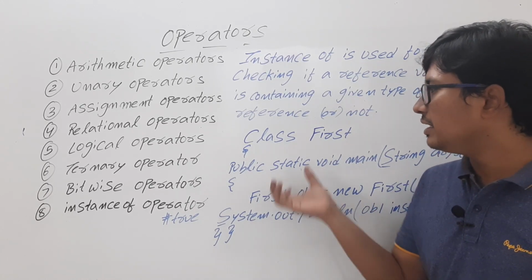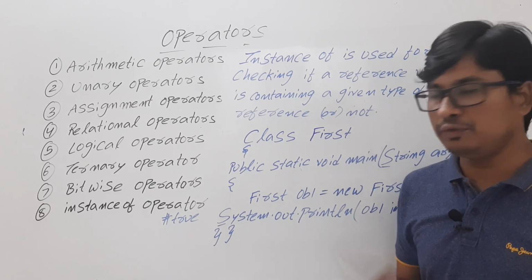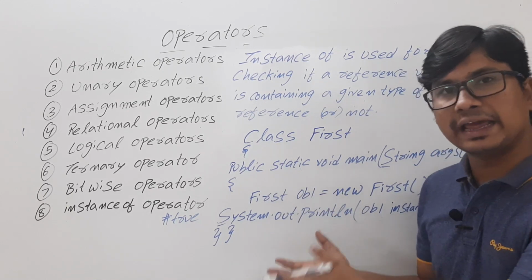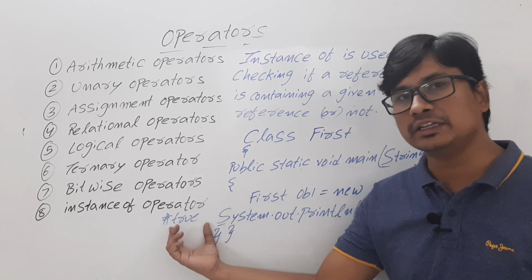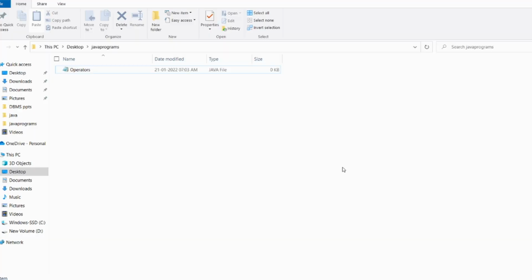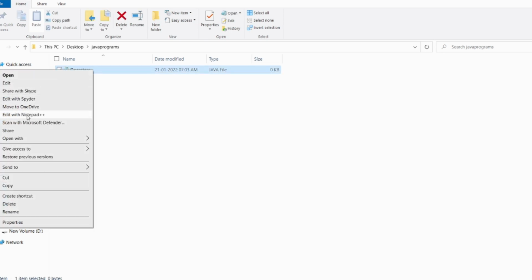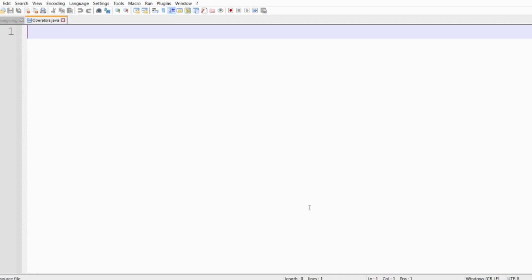Now let me execute this program properly and see whether we are getting the output as true or not. Let me right click on operators and select edit with Notepad++. Then the operators.java program has been opened in Notepad++. Now let me write the program.